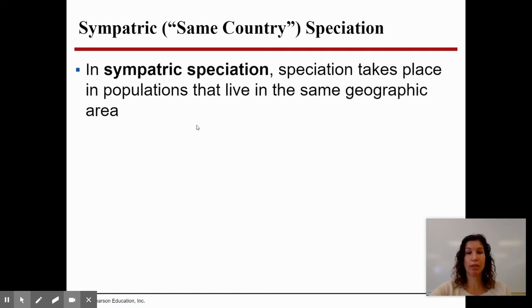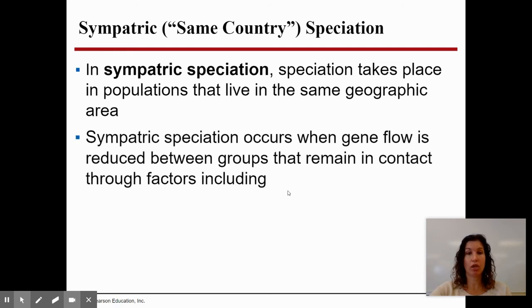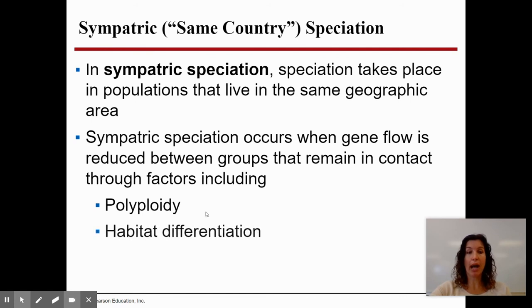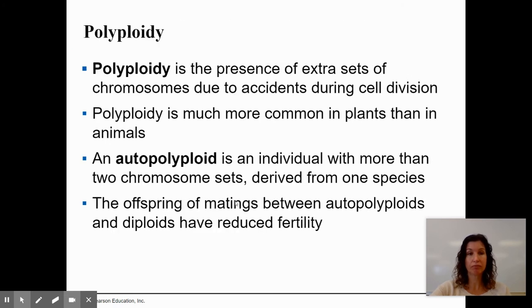In sympatric speciation, speciation takes place in populations that live in the same geographic area. So it occurs when gene flow is reduced between groups. And the main factors for sympatric speciation are polyploidy, habitat differentiation, and then sexual selection.